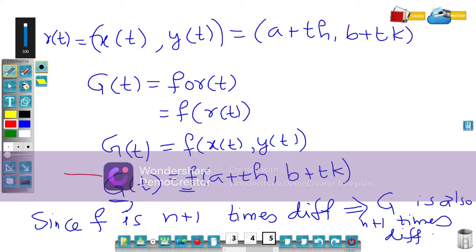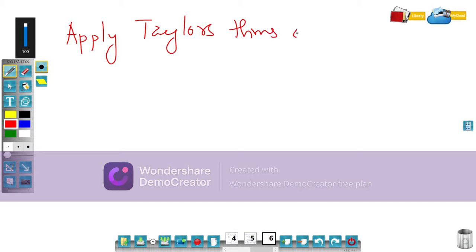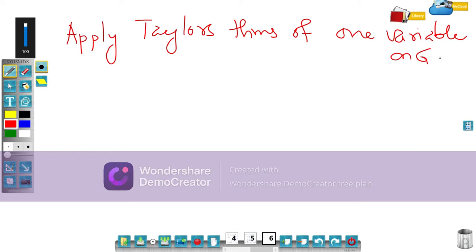And you observe that g is a function of one variable. So we can apply Taylor's theorem for one variable on g. Since g has all n plus 1 derivatives, we can apply Taylor's theorem of one variable on g.